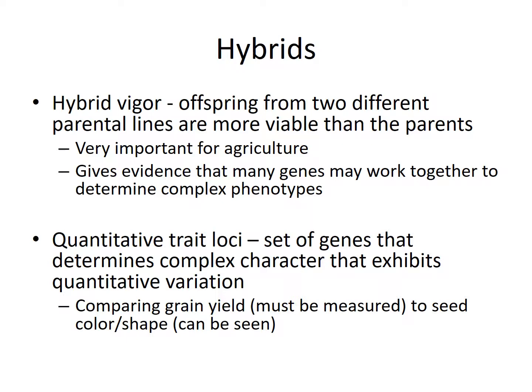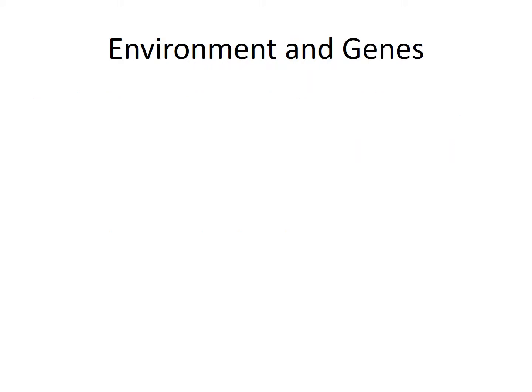Anytime you see that word, think of numbers, think of measuring, and that's what we're doing with quantitative trait loci. We're going to be measuring the outcomes as opposed to just looking at them and seeing, is it green, is it yellow, is it wrinkled, is it round, looking at simple things. This is stuff that's caused by multiple genes interacting to create these hybrids that have different outcomes from their parents.